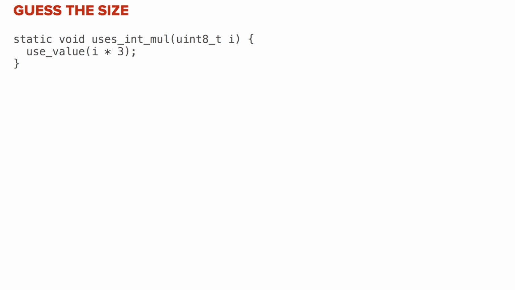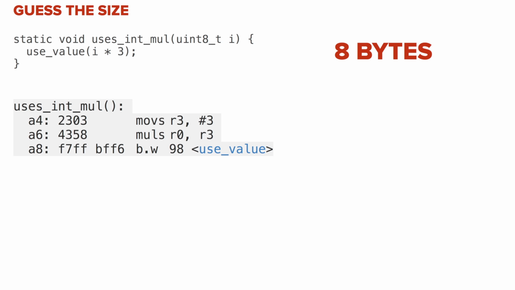That's a lot. Any other guesses? 20. It's even less. So our ARM Cortex-M3 processor, especially the Thumb2 instruction set, is well known for its high density. It's only taking 8 bytes.